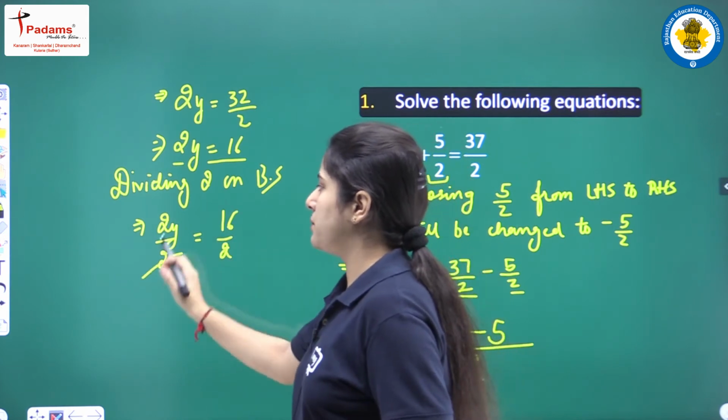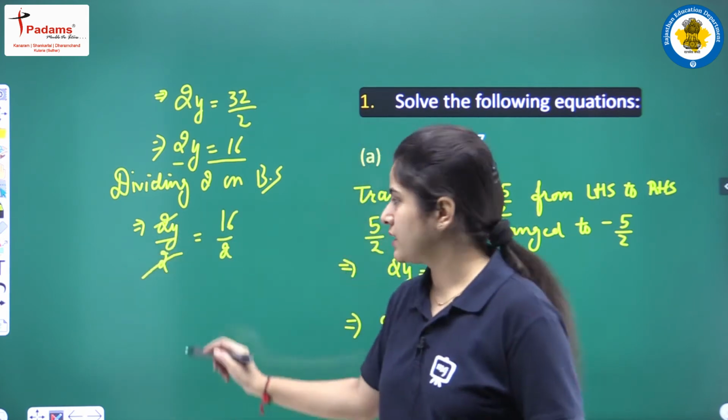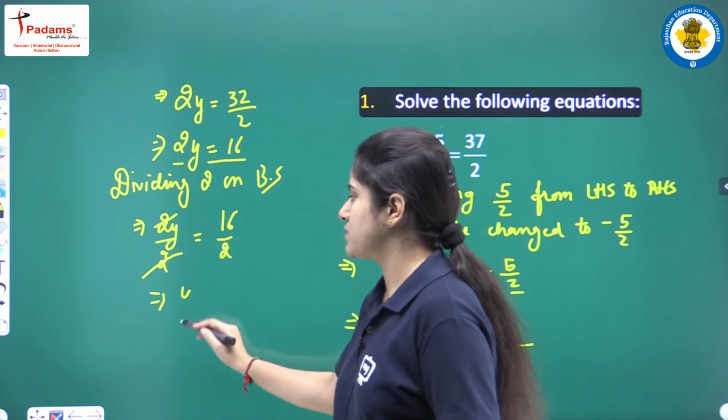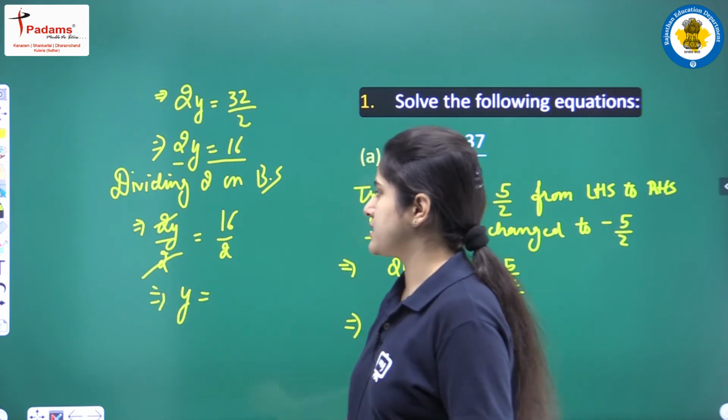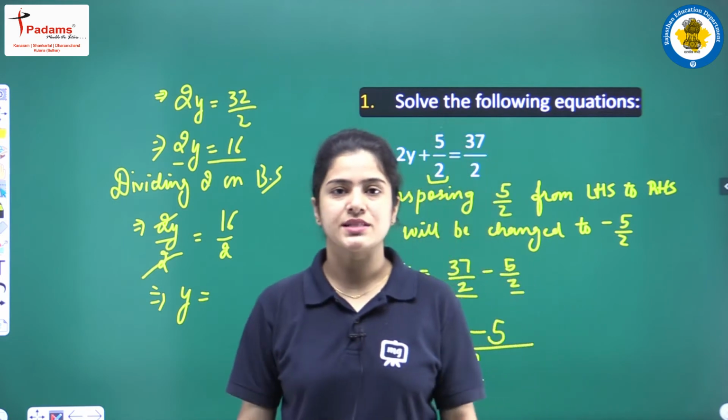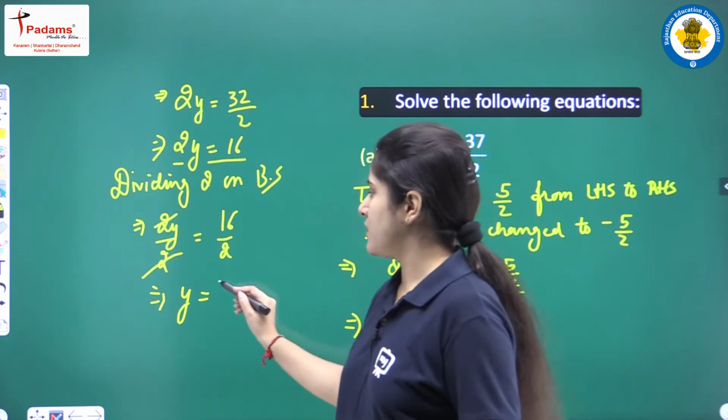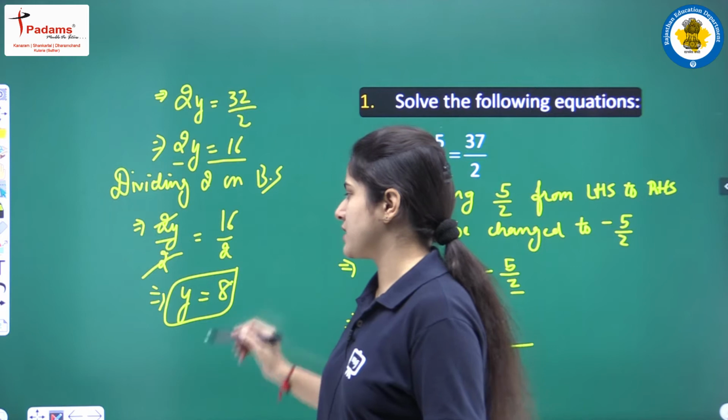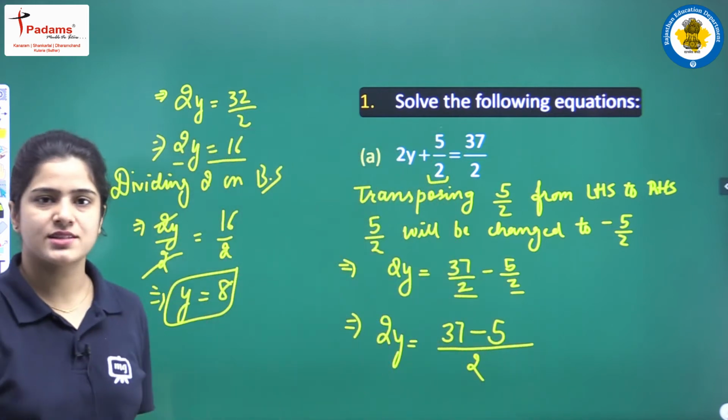Now students, this 2 will be cancelled out by this 2, right? What is left? Y is left. So y is equals to 16 divided by 2 is equals to 8. Okay students, so the solution is y is equals to 8. Have a look again students.